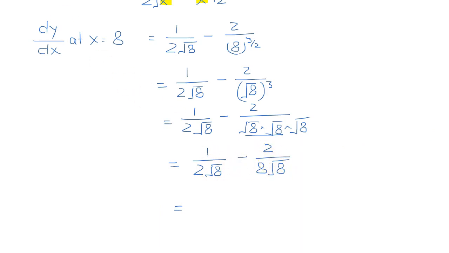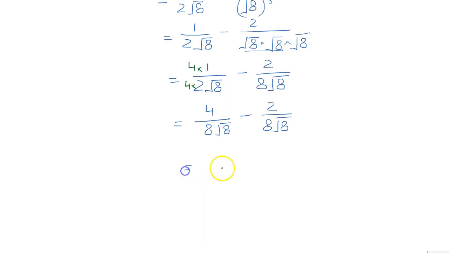Somehow we are getting the same denominator, so we multiply and divide this by 4. So we are getting 4 over 8 root 8 minus 2 over 8 root 8. Now we have the same denominator, so that is 8 root 8, and this is 4 minus 2, so that is 2 over 8 root 8.